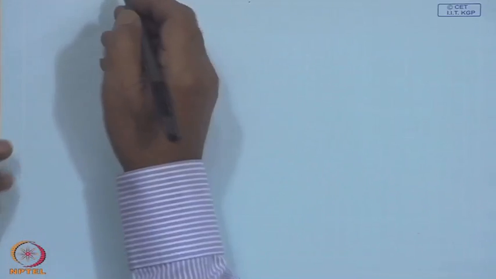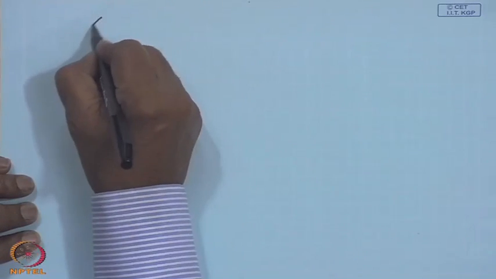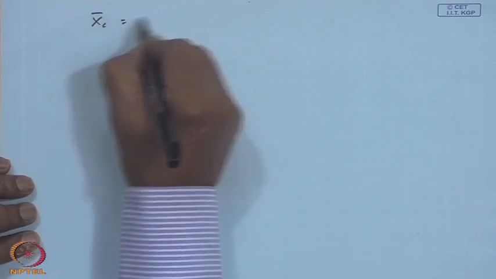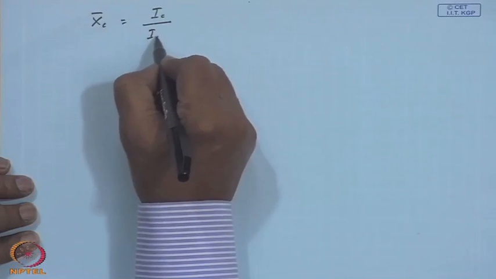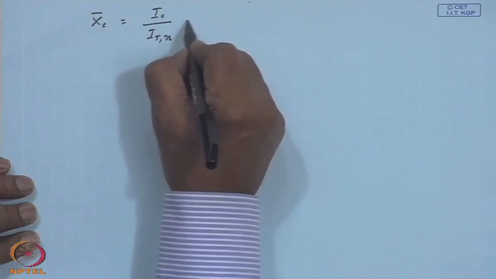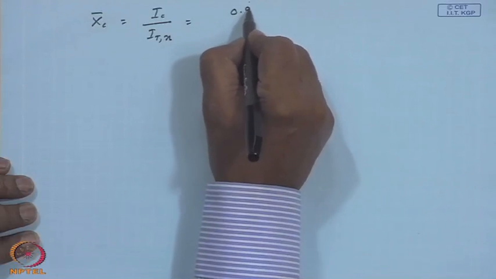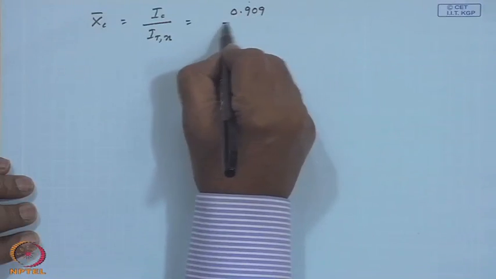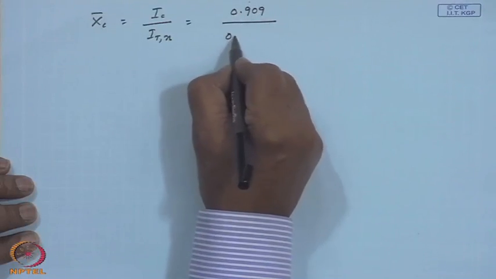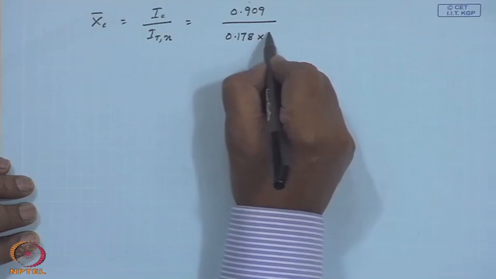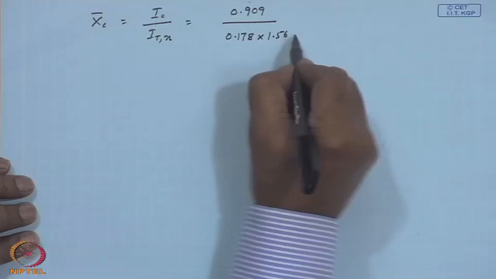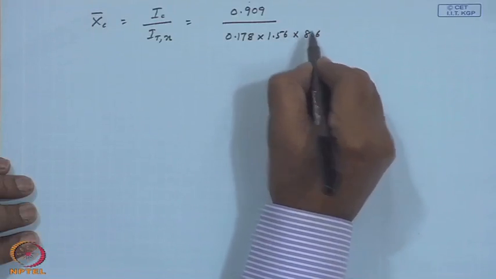Now, the other thing was the non-dimensional critical level, that is x c bar, which is I c by I t noon, equal to, which we have already calculated as 0.909 by r t n 178 times r n into 8.6.